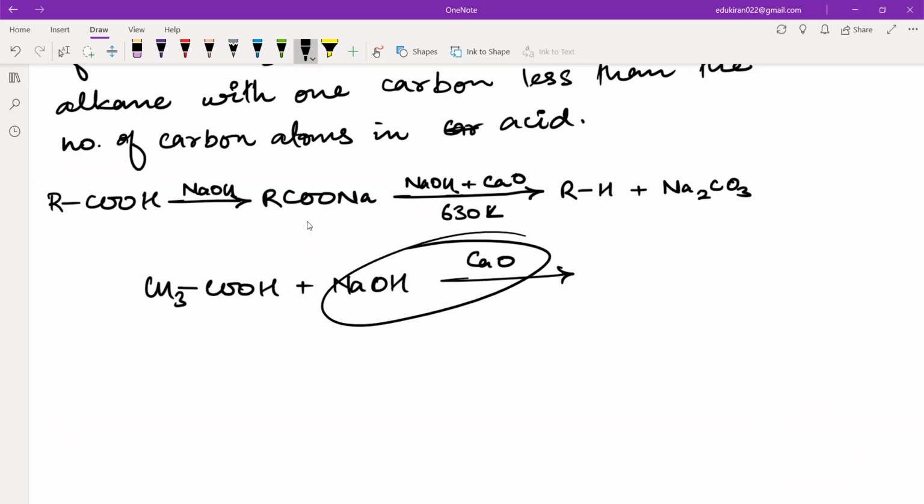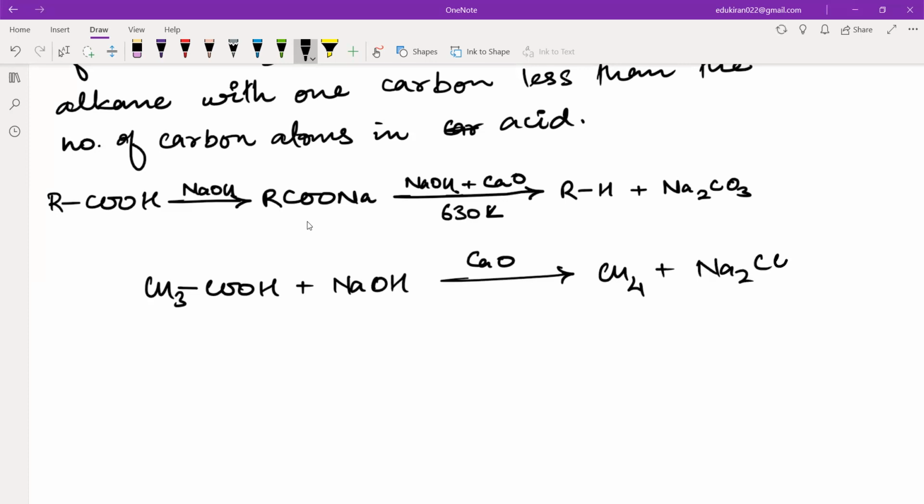This is not going to completely finish, right? Sodium hydroxide and CaO is already present, and you have also RCOONa. Then you are going to directly form CH3, and one more hydrogen will join, so it will become CH4 plus Na2CO3. So here we had 2 carbon atoms. Here we have only 1 carbon atom in the product.